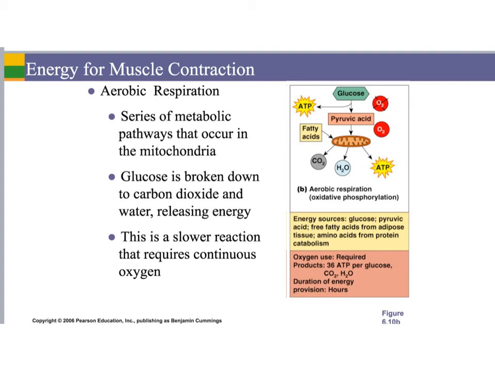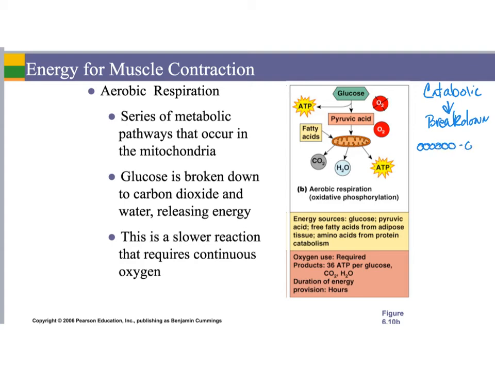So let's look at aerobic respiration. We call this a metabolic pathway. It's actually a catabolic reaction. Remember, catabolic means to break down a molecule, and the molecule we're breaking down is a 6-carbon sugar called glucose. 1, 2, 3, 4, 5, 6.